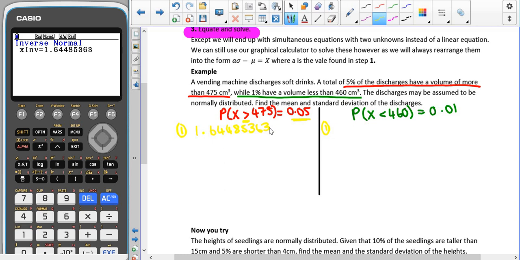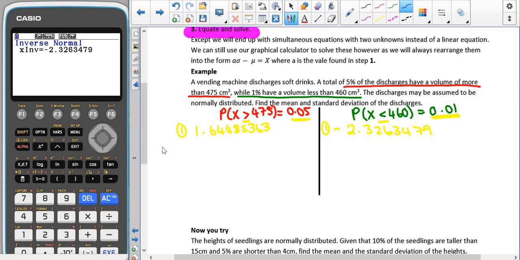There is no negative sign this time, so that's fine. Then for the other one, our tail this time is going to the left and our area is 0.01. And we can see there that we have a negative, so this time it's minus 2.3263479.